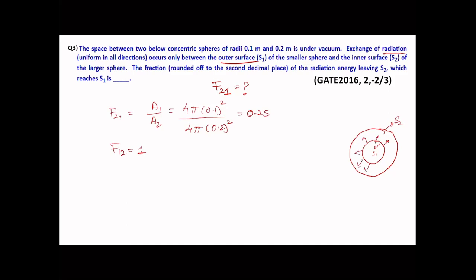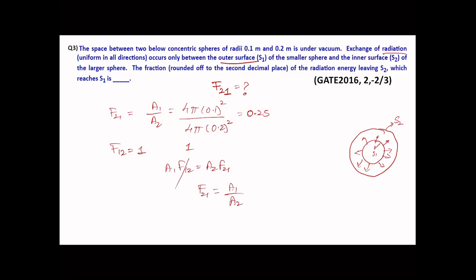So the view factor F12 has to be 1, and then use the reciprocity rule: A1 F12 is equal to A2 F21. Since F12 is 1, what we are left with is F21 is equal to A1 by A2. We have already discussed this case yesterday in our class. You can go back and refer to it. I have explained in more detail why F12 has to be 1.